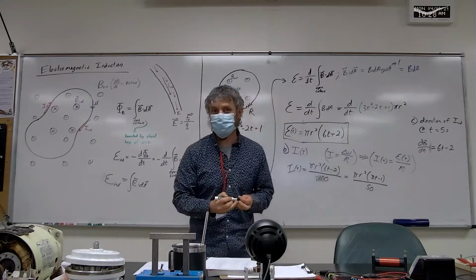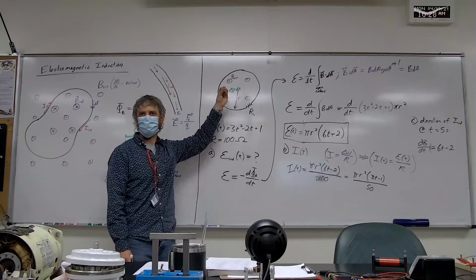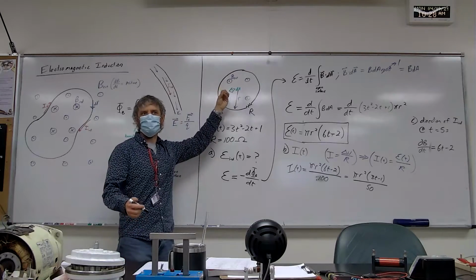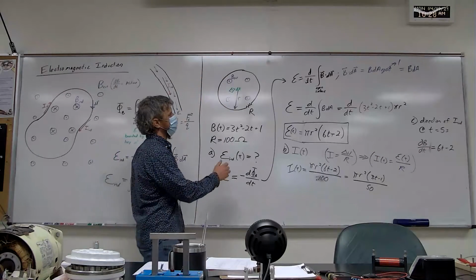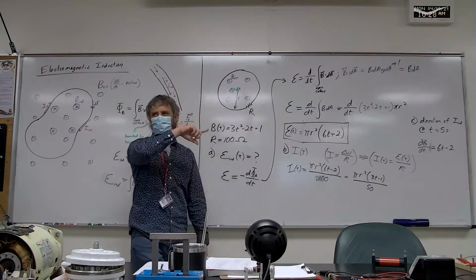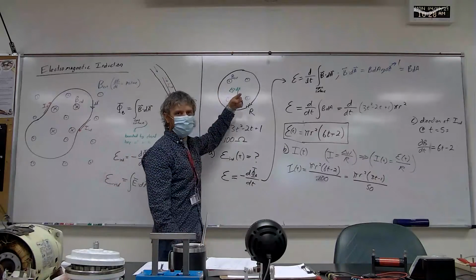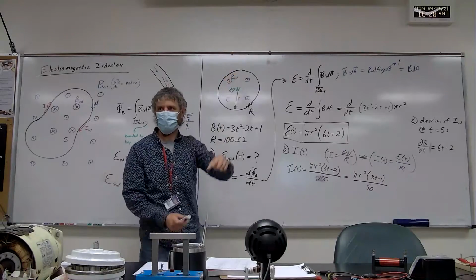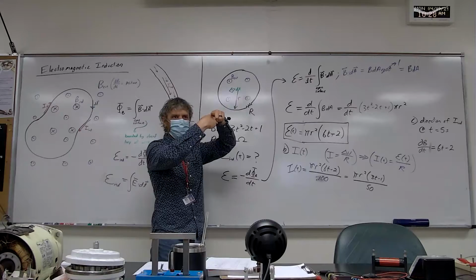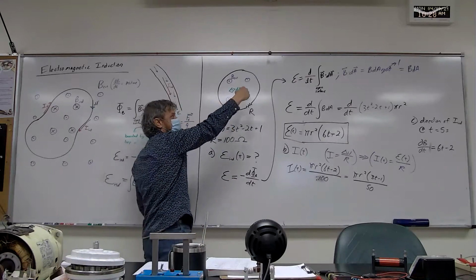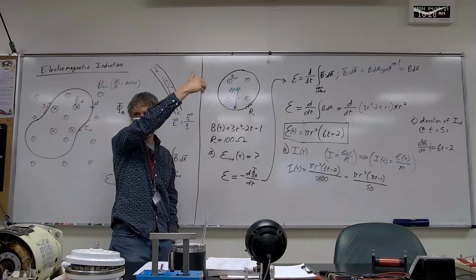If it's negative, that means the external field is getting weaker, which means the induced magnetic field would be pointing towards you guys. And by the right-hand rule, the current would be going counterclockwise. If it was positive, that means the external field is increasing in strength, which means the induced magnetic field that wants to fight that would be pointing into the board. And if the induced magnetic field points into the board, then the current must be going clockwise, by the right-hand rule.